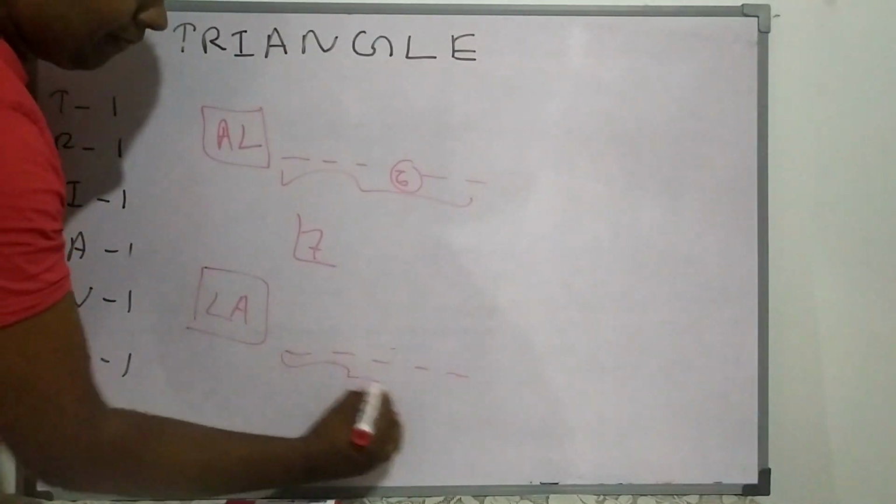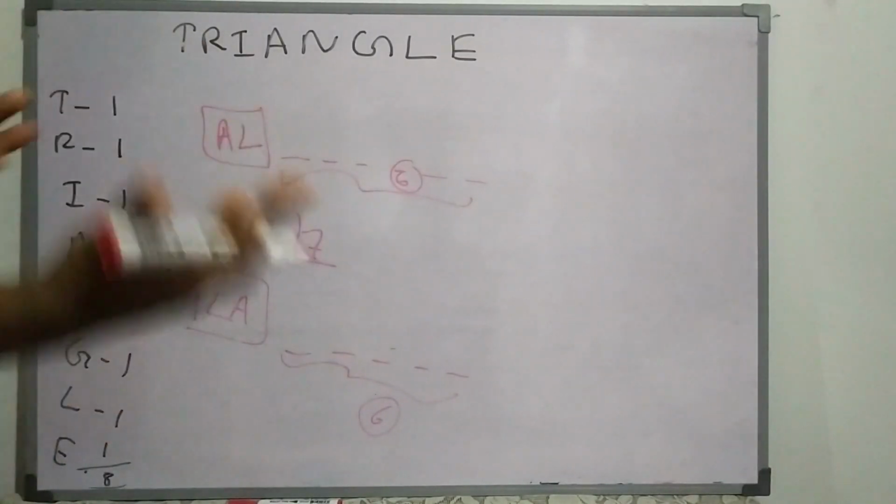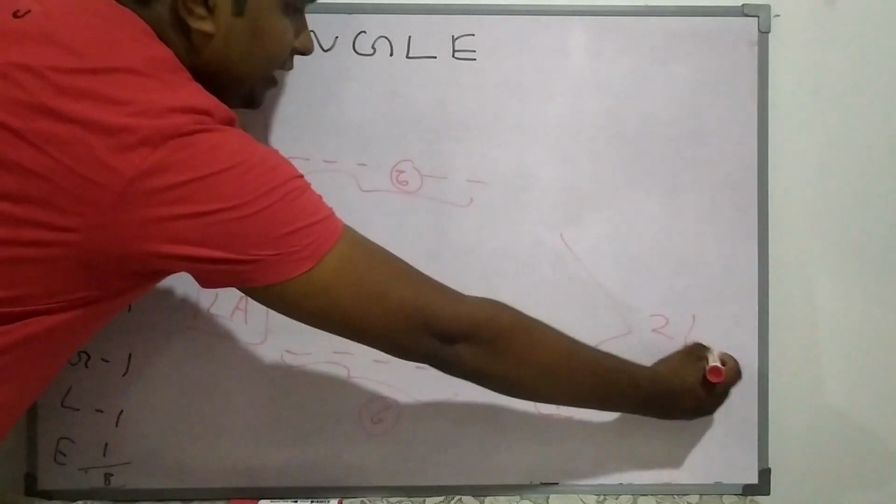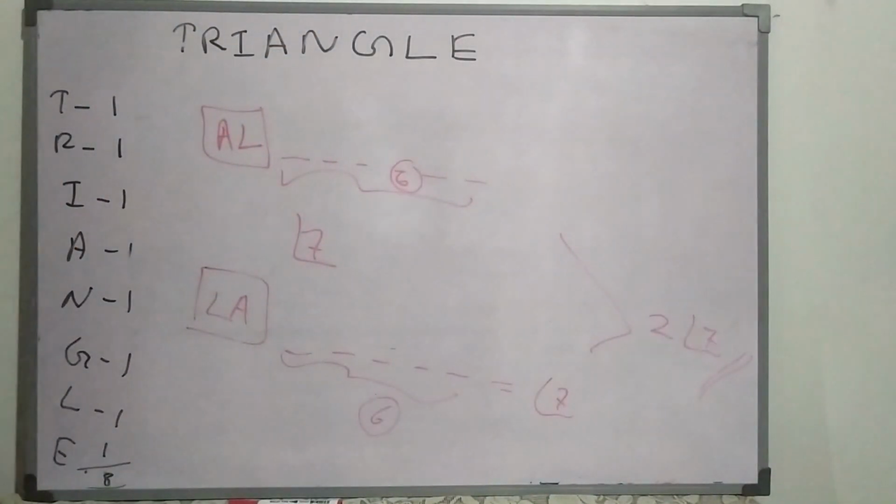We can consider LA as well, which is again 7 factorial, because the other 6 and this one make 7. All together it's 2 factorial 7. So this is the total arrangement of AL together. AL and LA both can happen, and in both cases A and L are together. You have to understand these kinds of situations.